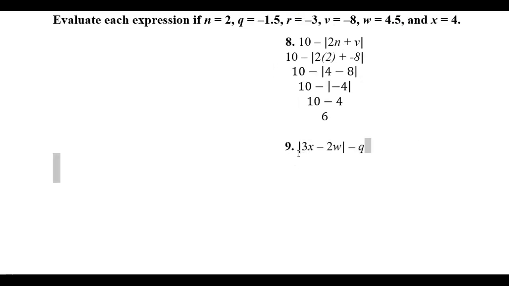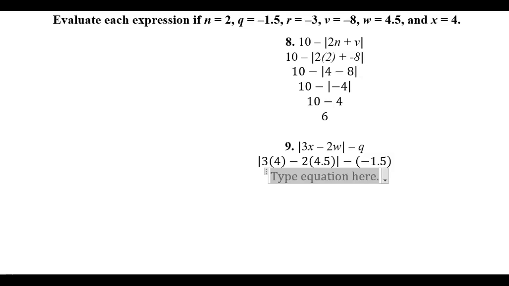Let's look at one more, taking those values from the givens and replacing them. So the absolute value of 3 times x, which is 4, minus 2 times w, which is 4.5. Close our absolute value and subtract q, which is negative 1.5. At this point, it's really just order of operations. You do your multiplication inside the absolute value first. So 3 times 4 is 12, and 2 times 4.5 is 9.